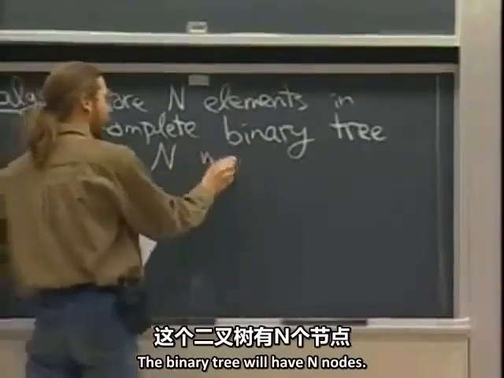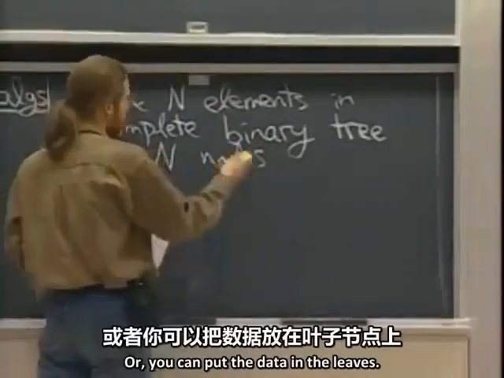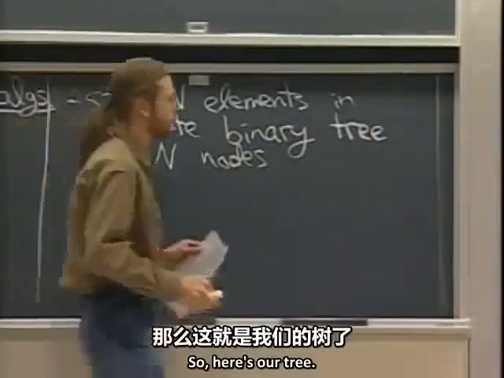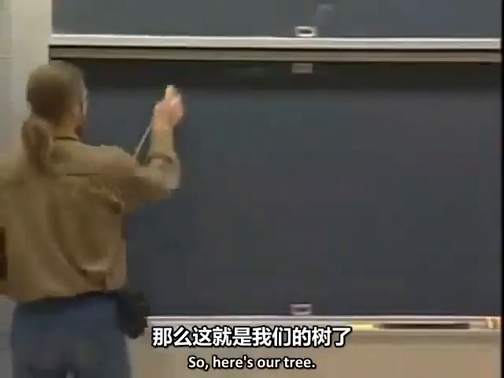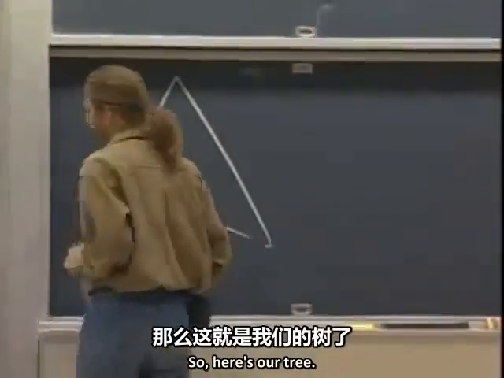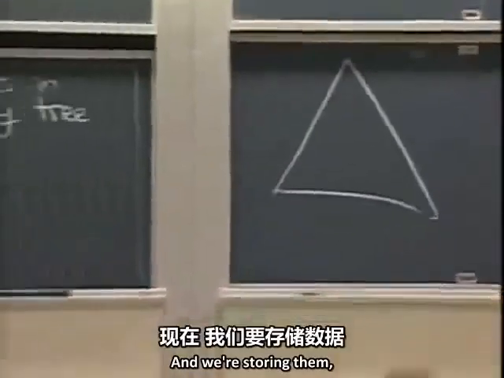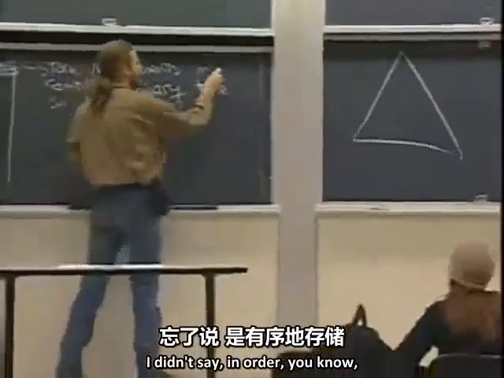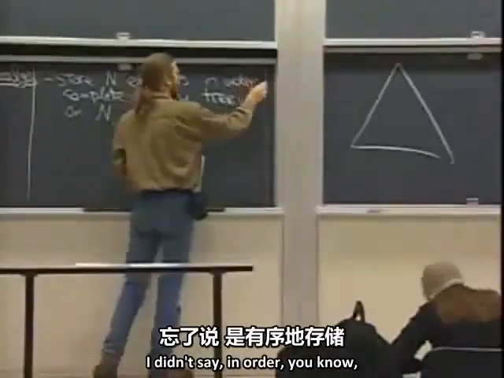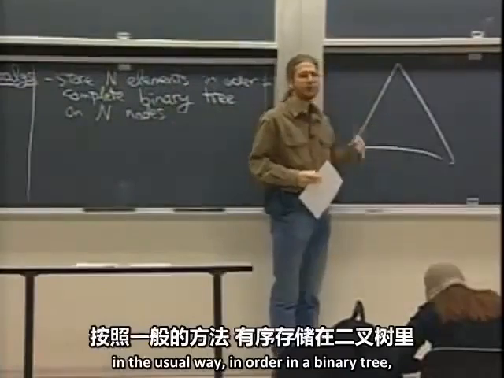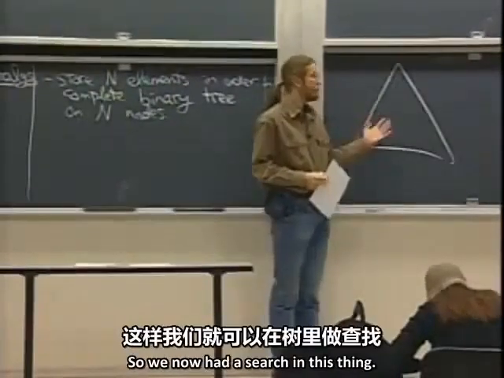The binary tree will have n nodes, or you can put the data in the leaves, doesn't really matter. So here's our tree. There are the n nodes. And we're storing them in order, in the usual way, in order in a binary tree, which makes it a binary search tree. So we know how to search in this thing.